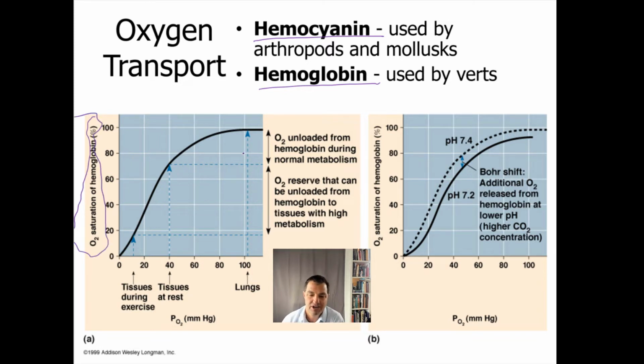And so what you see here is what we call the percent saturation of hemoglobin in different parts of the body. So in the lungs, for example, the blood going to the lungs becomes 100% saturated. And then if you're exercising and you're working out, the muscles that are under a lot of duress, if you will, the oxygen levels are low in those muscles as they use up the oxygen.